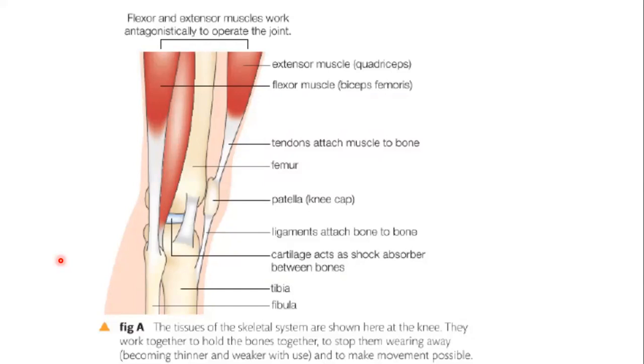Now, inside a bone, we have two parts. The outermost part is known as the compact bone. The inner part is known as the spongy bone.